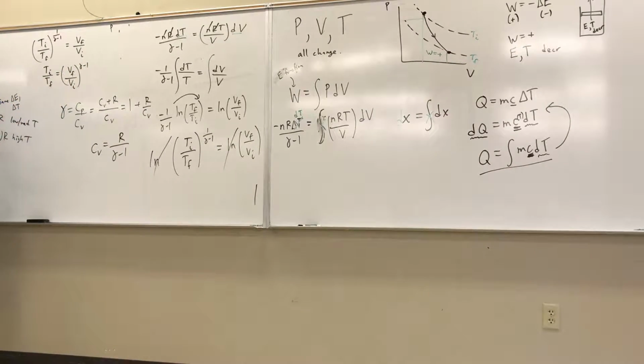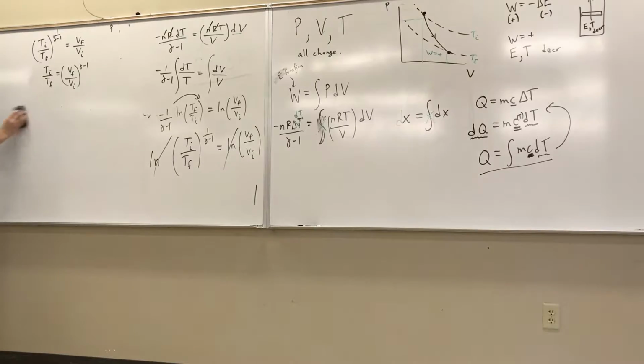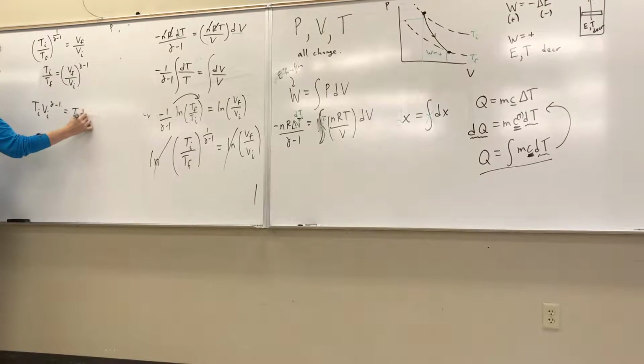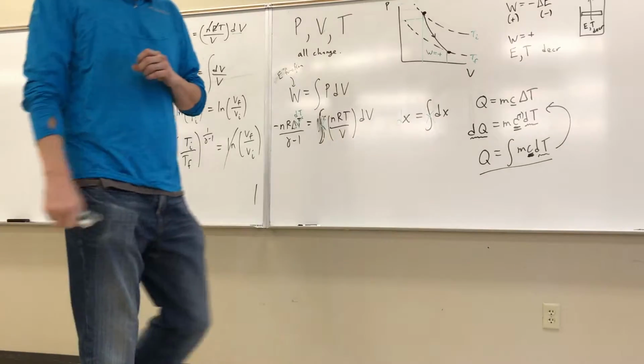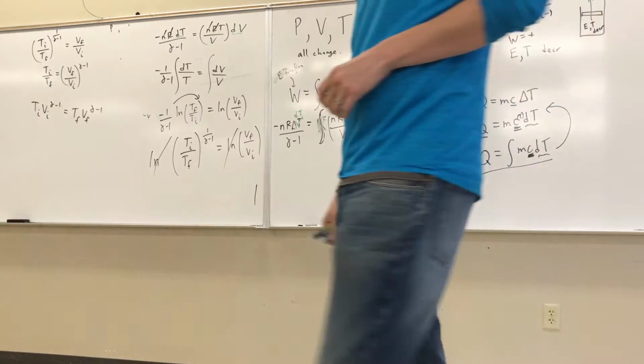So I'm just going to move the power over there. And then I'm going to solve for all the initial stuff on one side and all the final stuff on the other. And I get this. Now this is not seemingly remarkable until you notice that it's the exact same stuff on both sides. I've just found a conserved quantity.